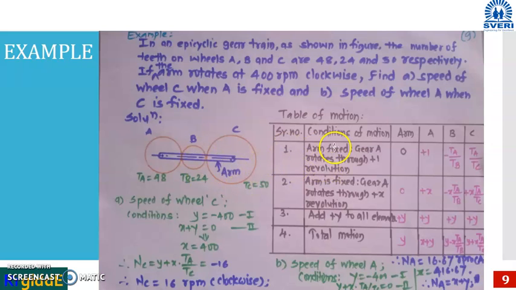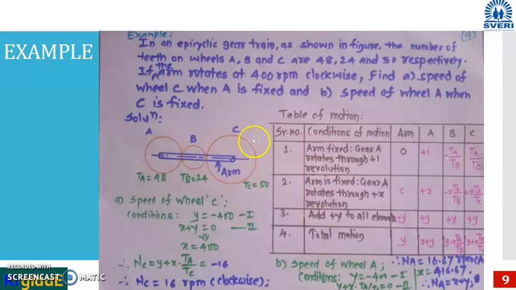Now for this combination, arm is fixed, gear A rotates through +1 revolution, therefore revolution of arm is 0. A is going to rotate in anti-clockwise direction, +1. Again we got the train value as TA upon TB. This is for B. We have inserted minus sign as it is going to rotate in clockwise direction.